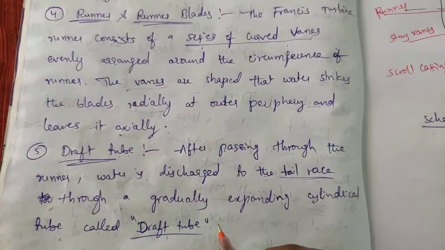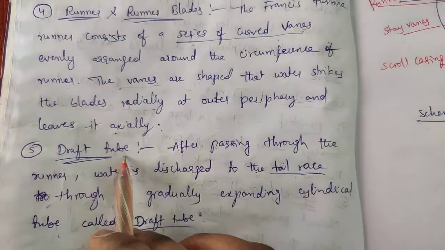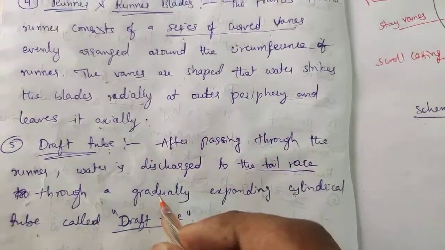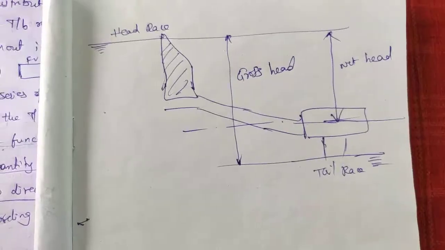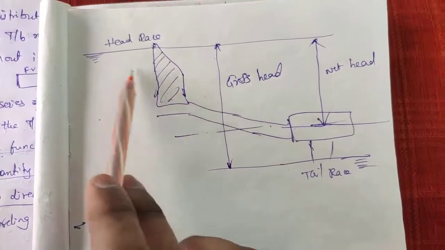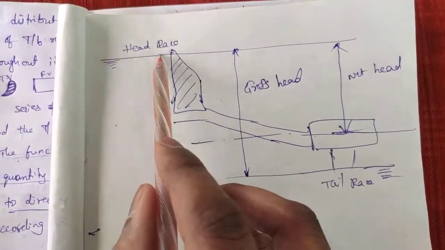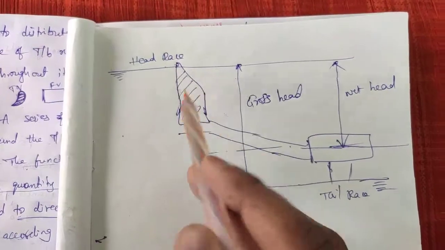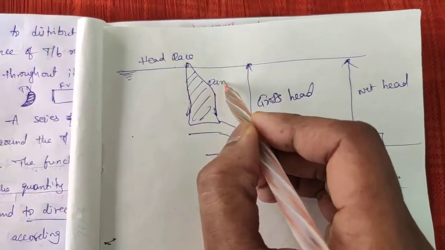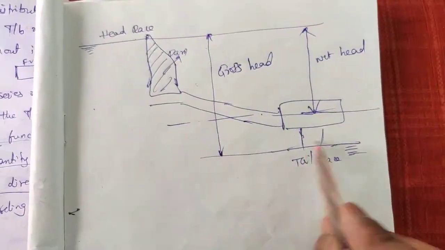So why should we use a draft tube in the Francis? This is the construction of a power plant. As you know, this is the headrace, this is the dam, and the tail race.